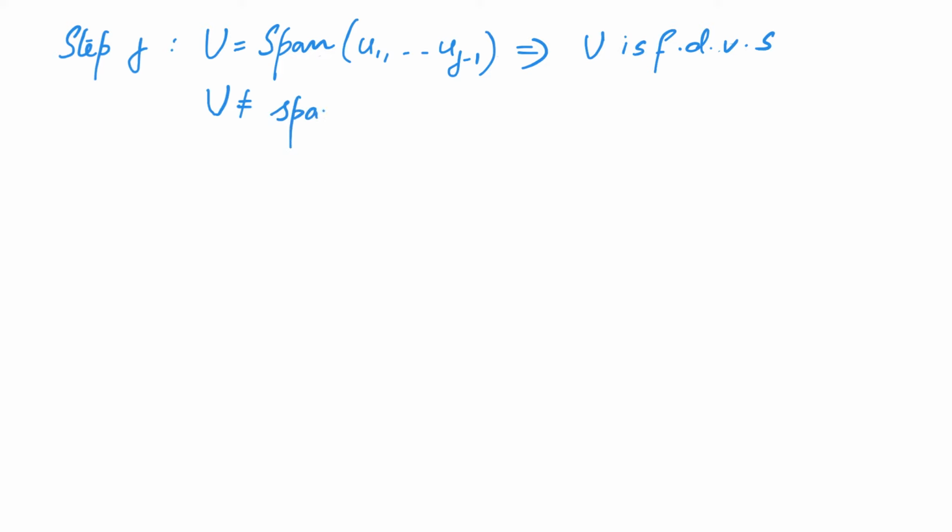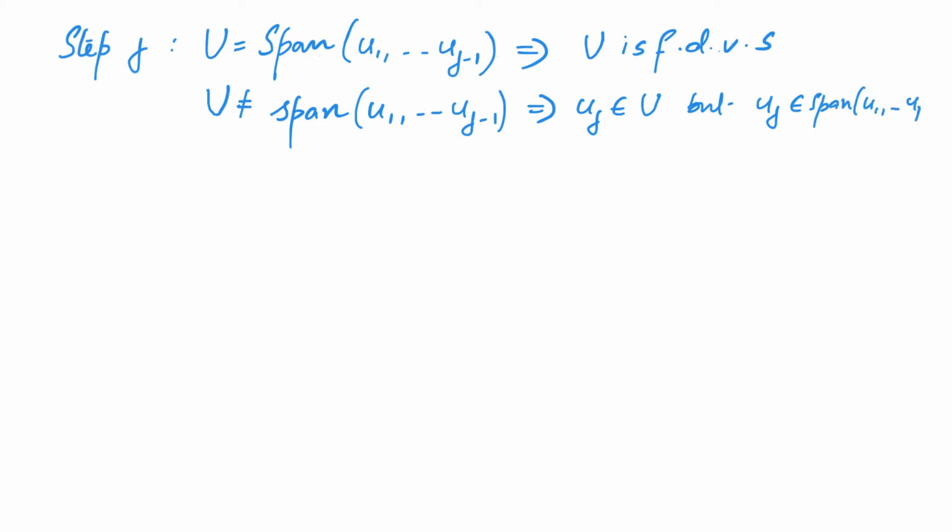On the other hand, if U is not equal to span of u1 to u(j-1), then we can find a vector uj that belongs to U, but uj does not belong to span of u1 to u(j-1). This is the way we are constructing the vector uj.